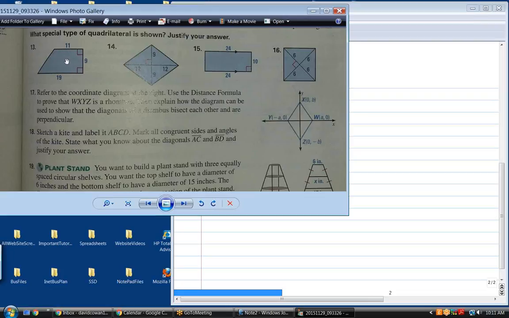That is a trapezoid because it has one and only one pair of opposite parallel sides. Okay. What's the area of that trapezoid? How would we find the area? Oh, my bad.